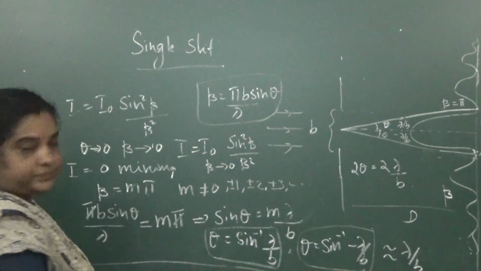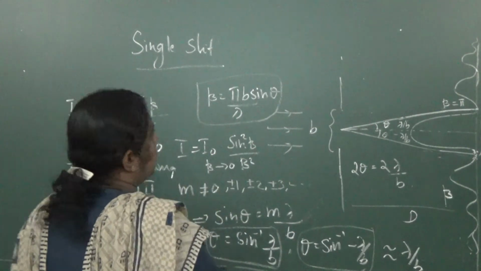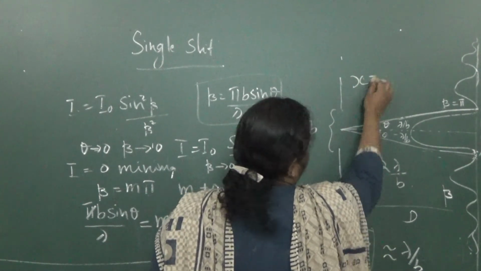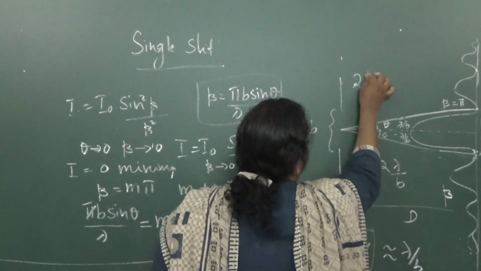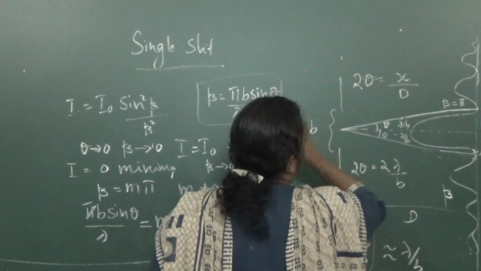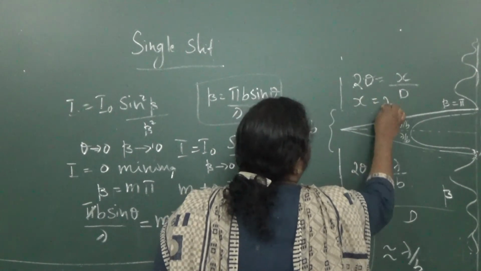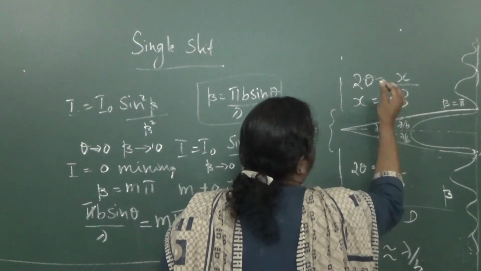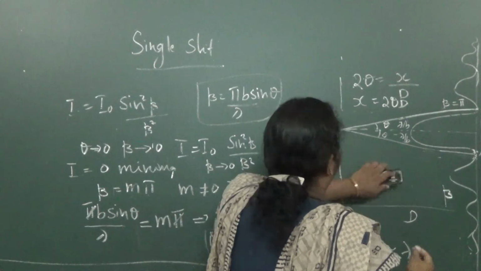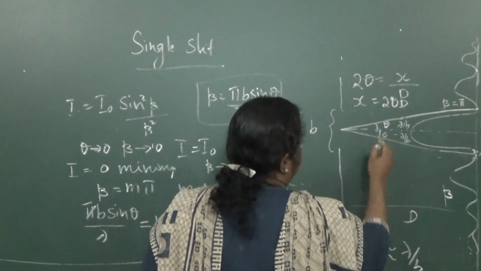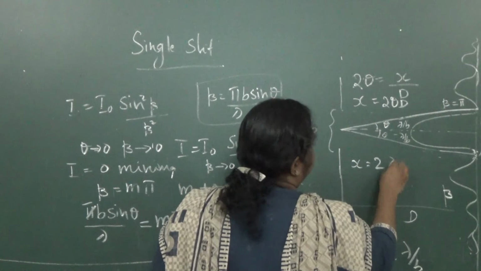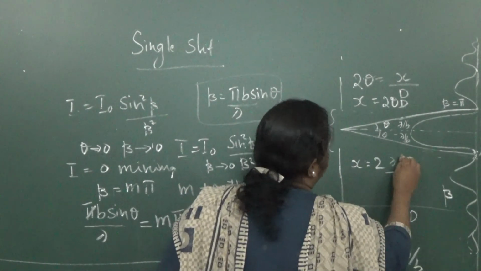Then 2 theta is equal to x divided by d. Then x is equal to 2 theta d, that is, x is equal to 2 into lambda by b into d.